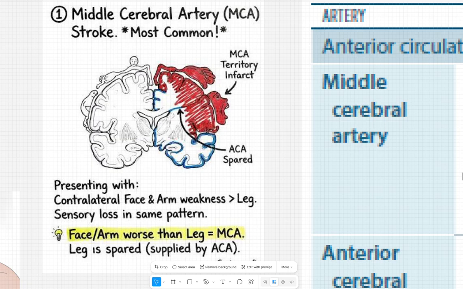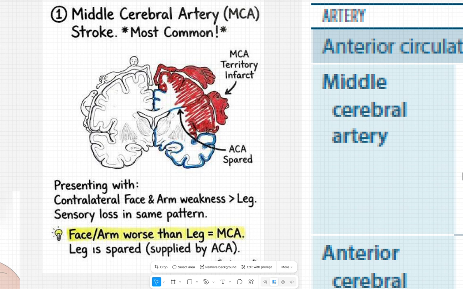So whenever you have a middle cerebral artery stroke, remember that it's the lateral surface of the cerebral hemisphere. It supplies the face area, arm area, language area, which is basically the Broca's and Wernicke's we studied, right? And the temporal lobe is also supplied, part of it, and the internal capsule, the deep branches. I just showed you the lenticulostriate arteries supply it.